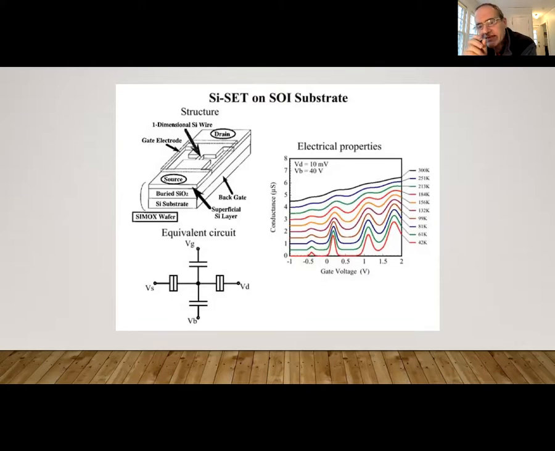So that makes these difficult to find wide application. There are some scientific instruments where it's important to have the highest possible accuracy in an electrometer or in a current sensor. And there, single electron transistors are used even now.